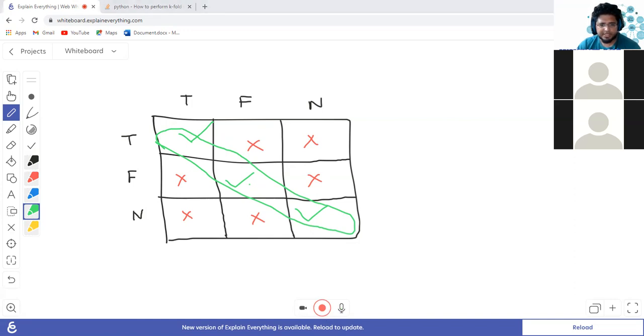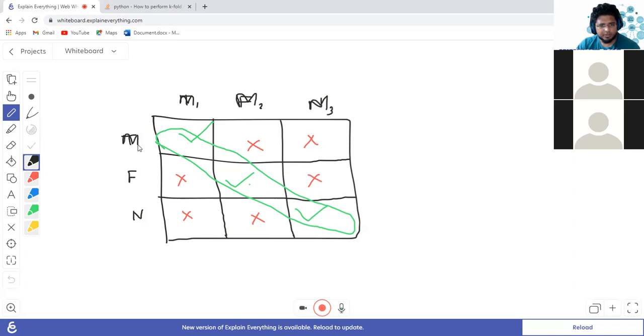So for example, I have an example here. The example can be movies: this is movie one, movie two, movie three.